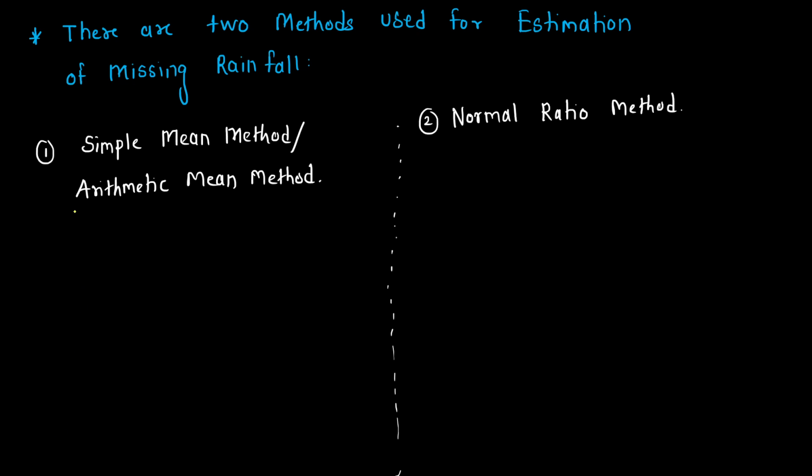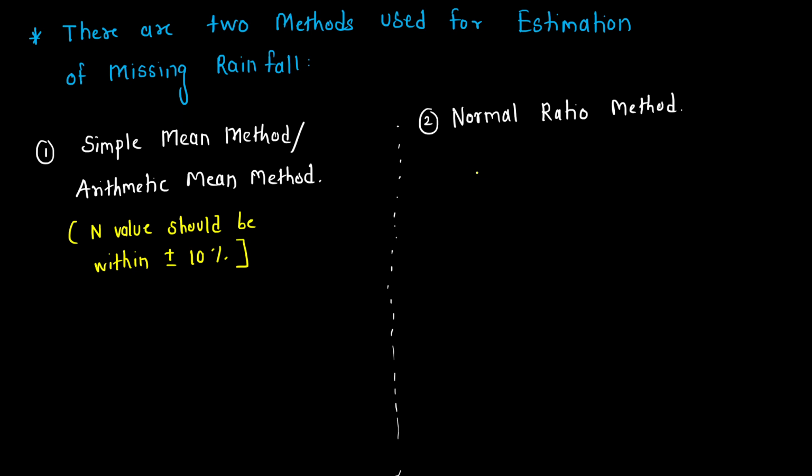We'll be writing the direct formula here. The main criterion here, just write it down: N value should be within plus or minus 10%.